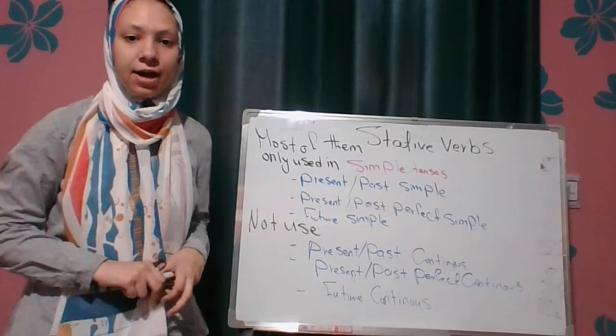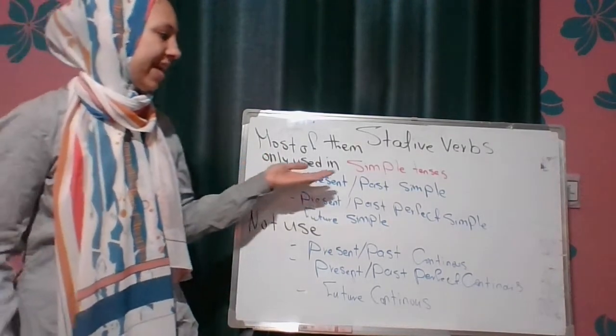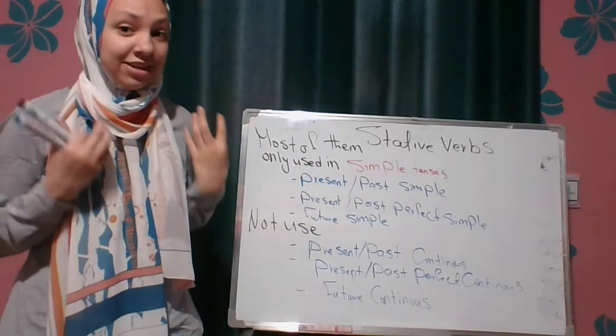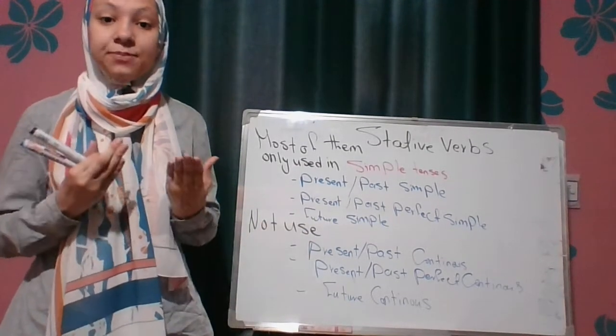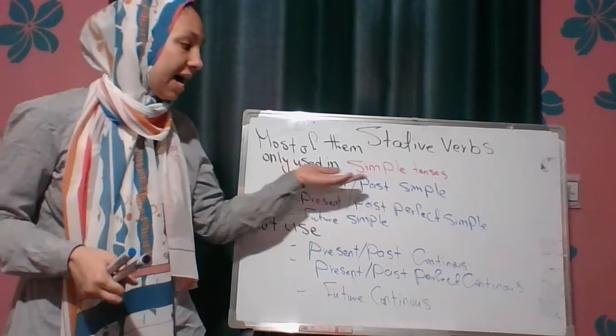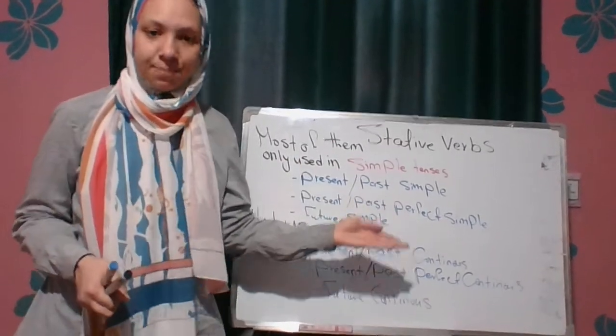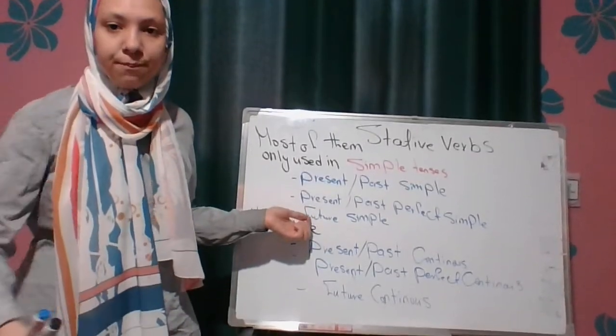Most of the stative verbs are only used in the simple tenses. If I say simple tenses, that means present and past simple, present and past perfect simple, and future simple.